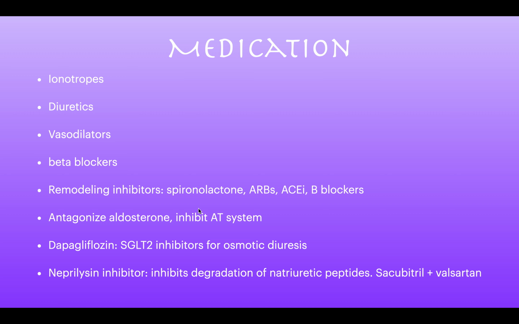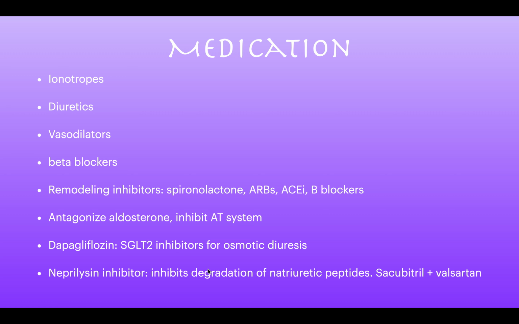Spironolactone is a potassium-sparing diuretic. ARBs and ACE inhibitors slow down the RAAS system, and the beta blockers are going to help with the heart.